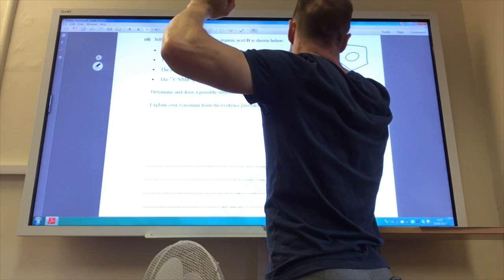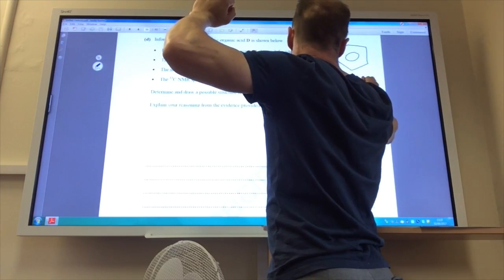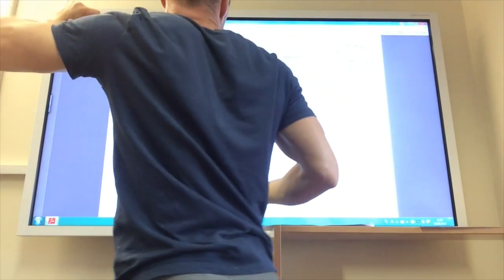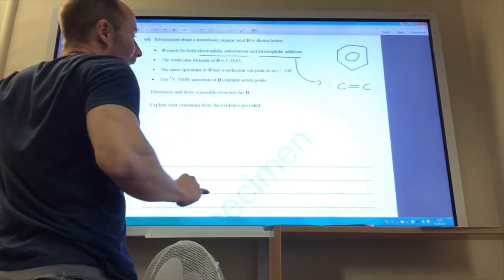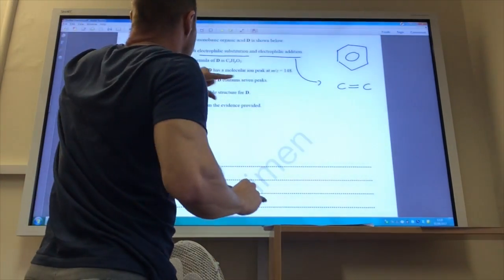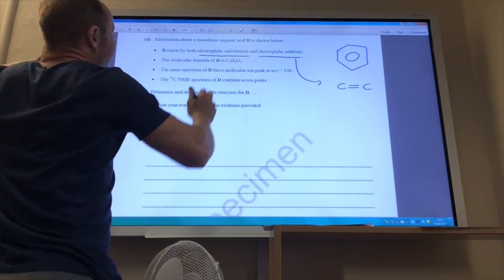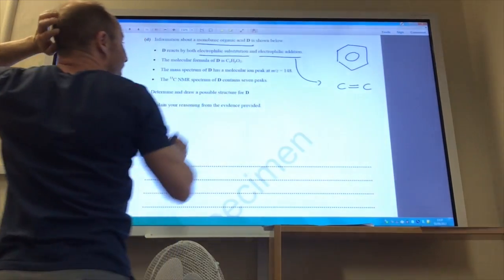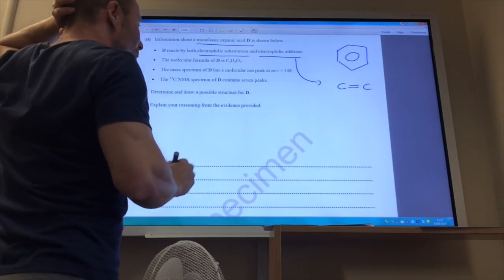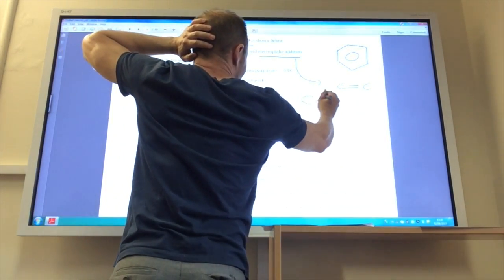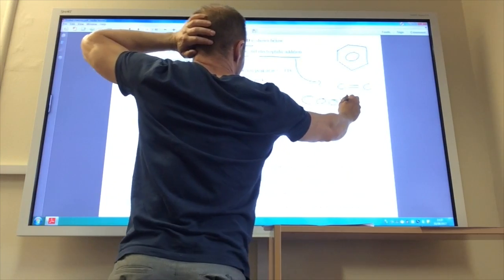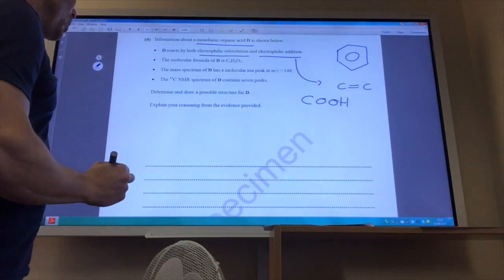If it reacts with electrophilic addition, it must contain a C=C double bond. Okay, it contains 7 peaks first of all, and it also is an organic acid, so it also contains COOH.